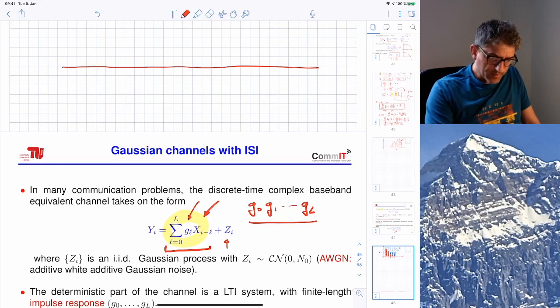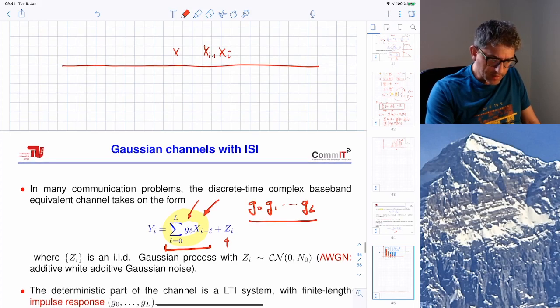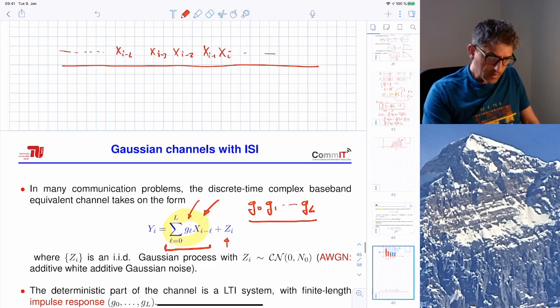This is x sub i, this is x sub i minus 1, this will be x sub i minus 2, this will be x sub i minus 3, etc., until x sub i minus L, and then there are symbols here and symbols here. In order to form y at time i, we have the sum of all these symbols weighted by the impulse response coefficients plus noise z sub i.